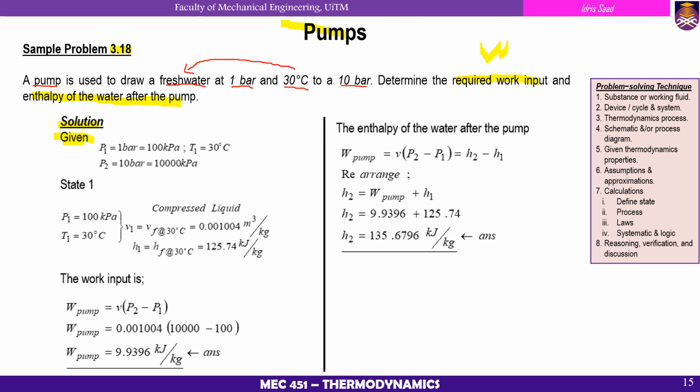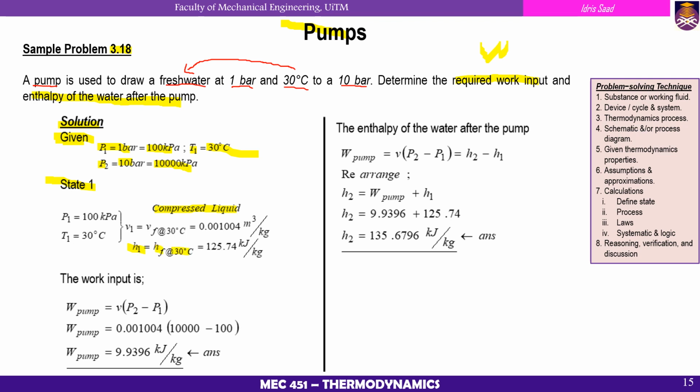In order to solve this problem, we have to get the given data. The pressure is 1 bar, 100 kilopascal, T1 is equal to 30 degrees Celsius, P2 is equal to 10 bar, which is 10,000 kilopascal. Checking the state, obviously this is a compressed liquid, so we can use the approximation. H1 is equal to Hf at 30 degrees Celsius.